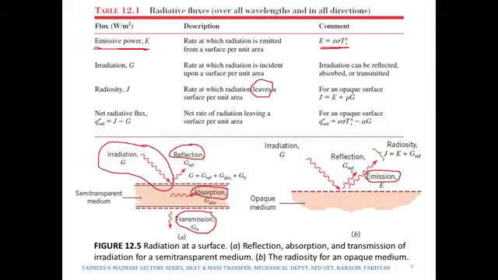The total radiation leaving a surface is what we call radiosity, which is the sum of the radiation emitted, which is due to its temperature, and the radiation reflected. So radiosity is the rate at which the radiation leaves a surface per unit area, right? And it would be E plus rho times G, where rho is the reflectivity and G is the total incident radiation. So rho G is equal to G reflected.